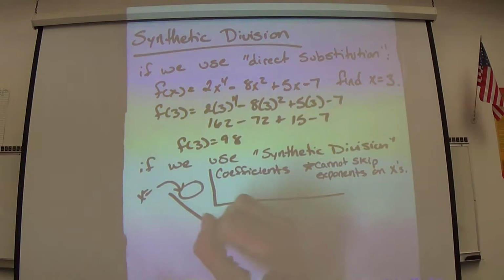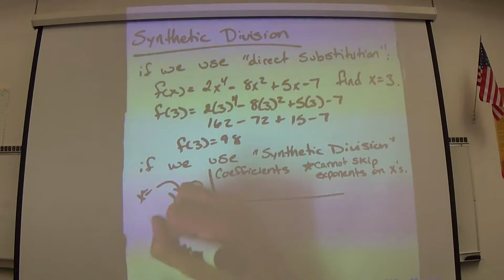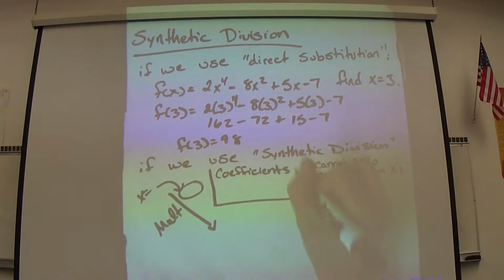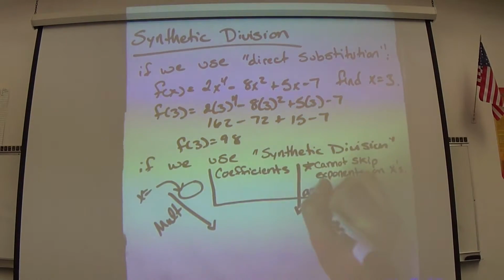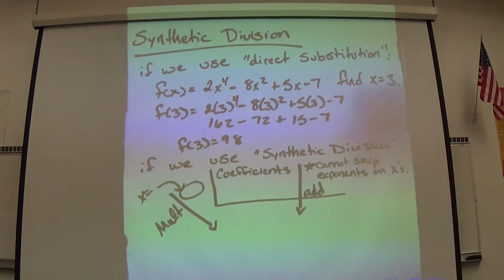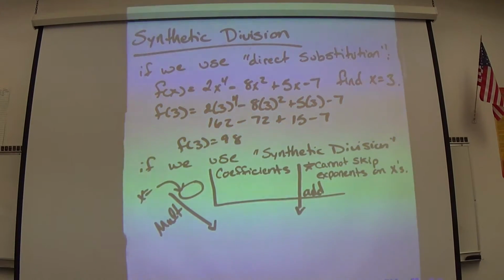Whenever we move this way, we're going to be talking about multiplying. And whenever we move this way, we're going to be talking about adding. So that's kind of the setup, and then I'll show you how to specifically set this kind up. So make sure you copy that down, and then I need to erase my setup so that I can actually do something.